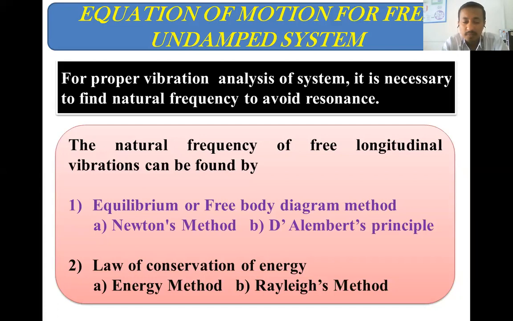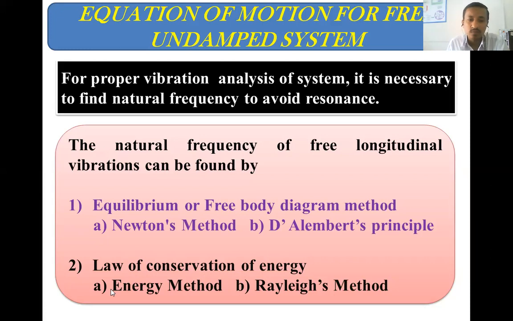Everyone knows the meaning of law of conservation of energy, that is energy can neither be created nor be destroyed, so total energy will always remain constant. That concept is used to find the equation of motion and ultimately the natural frequency.